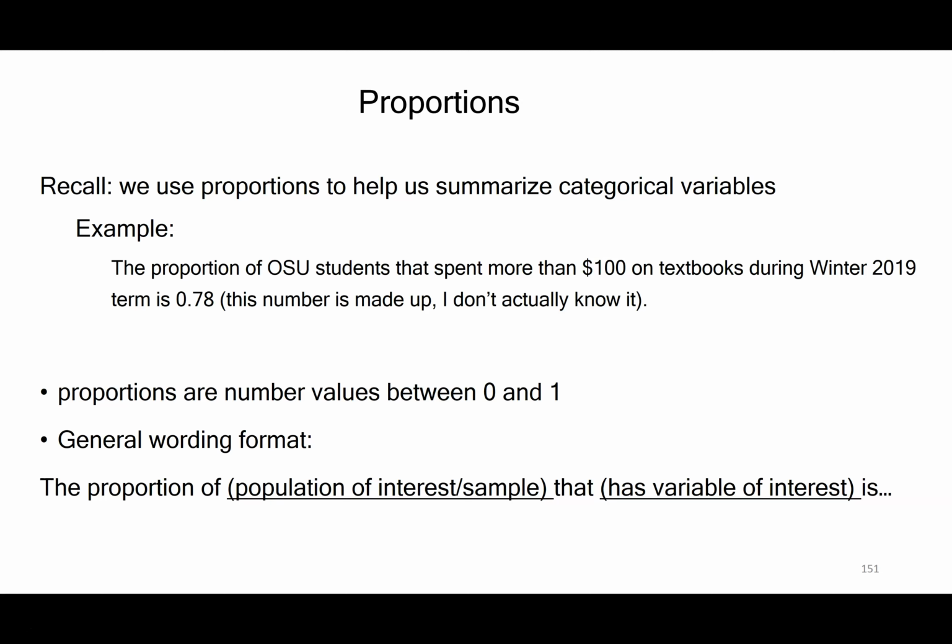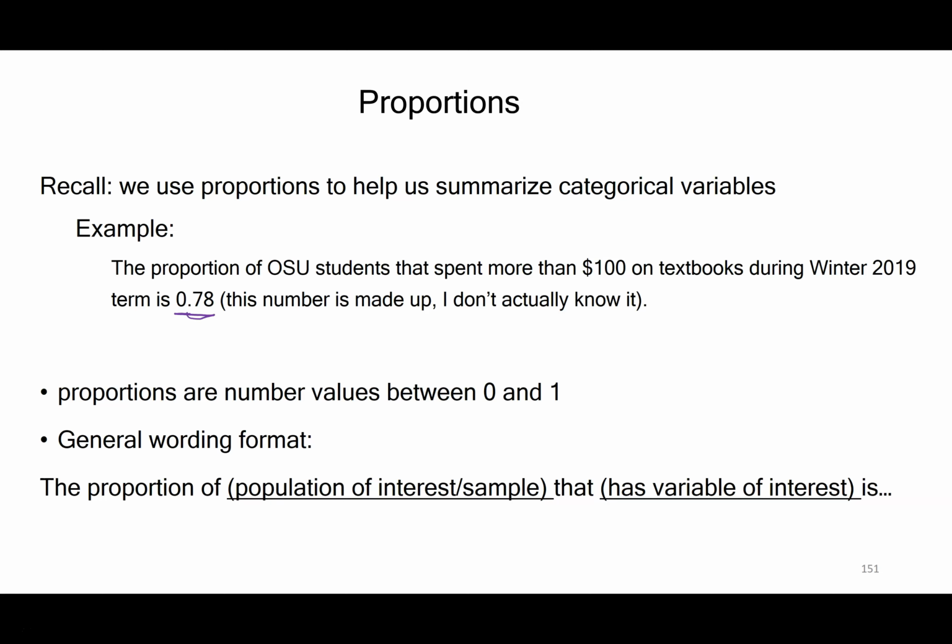So, for example, the proportion of OSU students that spent more than $100 on textbooks during a particular term is 0.78, which I don't really know what that value is. But the idea is I'm saying, hey, the proportion of this entire group that has this characteristic of interest is some value. Proportions, because of the way they're written, they have to be between 0 and 1.